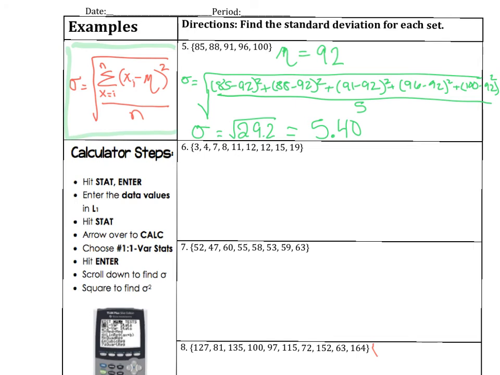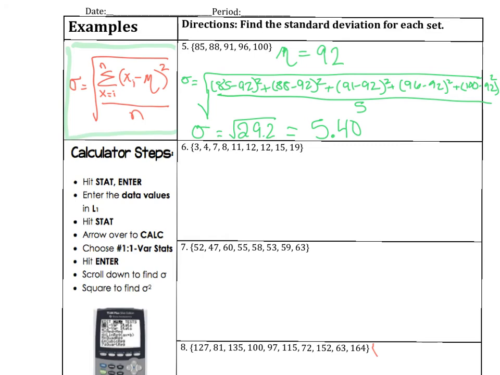After you add up each of these quantities, you will divide by the number of numbers in the data set, which is 5. Then you will take the square root of that number, giving you 5.4. Notice, as this data set gets longer and longer, it's going to take you a really long time to calculate the standard deviation this way.